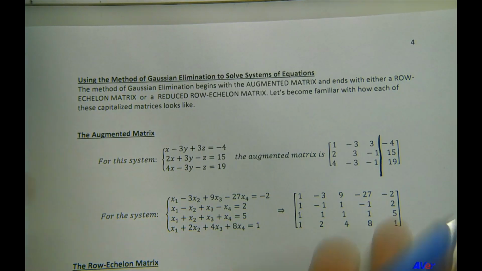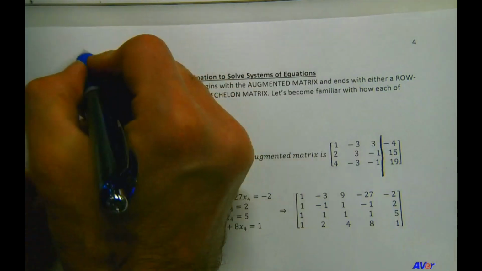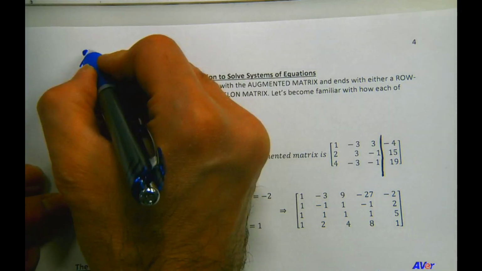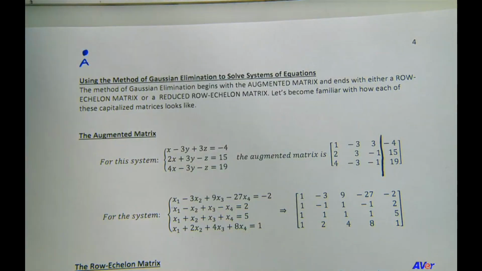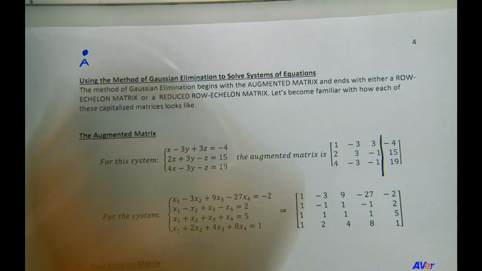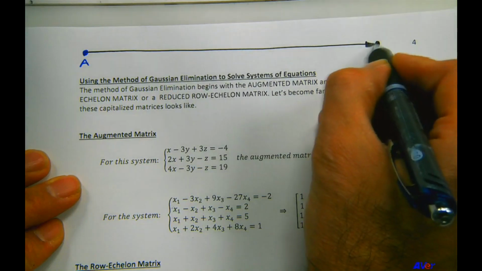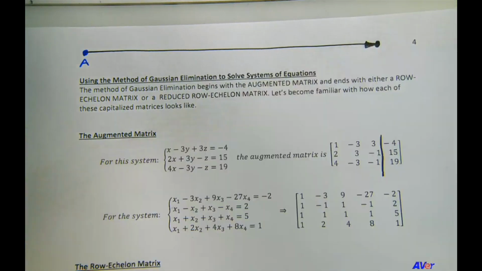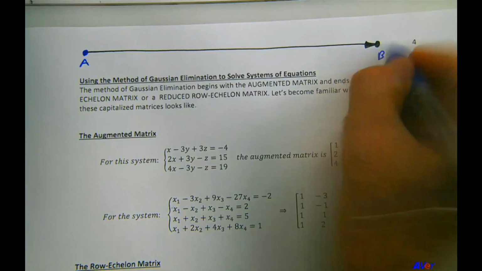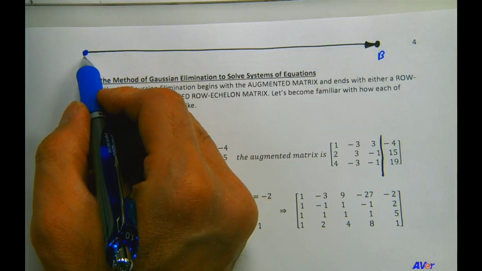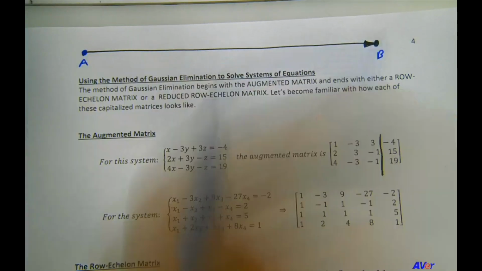Suppose we want to get from point A, let's call this point A, to some point B here. Let's say that point B is here. We want to ride the bus to go from point A to point B.